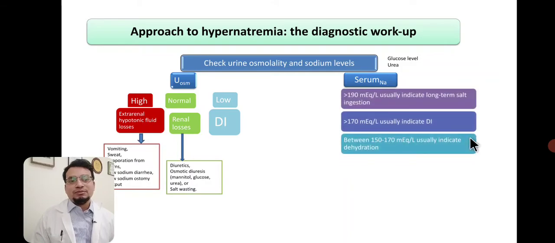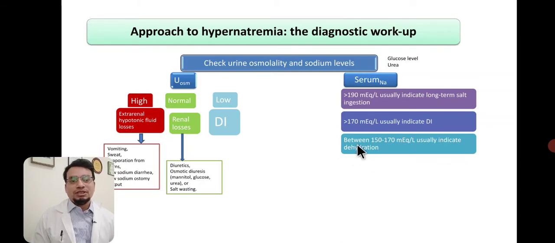If the serum sodium is more than 190, it indicates long-term salt ingestion. The patient may be on salt capsules, prescribed by a doctor for months together, leading to very high sodium in the serum. If the serum sodium is less than 190 but more than 170, that usually indicates diabetes insipidus, and we should always look for low urine osmolality and polyuria.